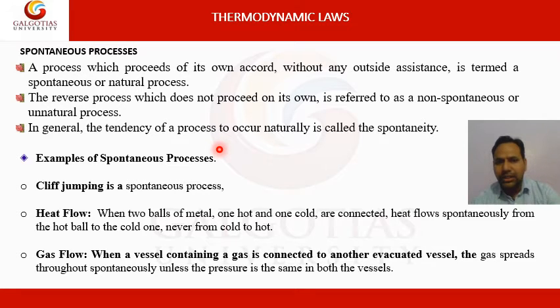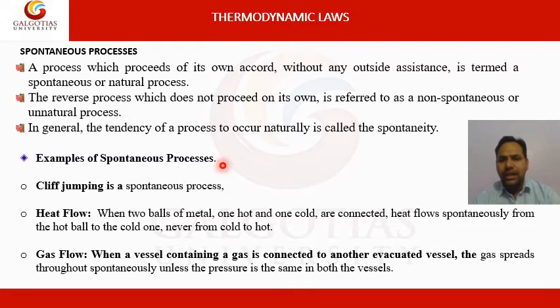Examples of spontaneous processes are: a climb downward, heat flow, and gas flow. When two balls of metal, one hot and one cold, are connected, heat flows spontaneously from the hot ball to the cold one, never from cold to hot. This type of process is spontaneous. Another example is gas flow.